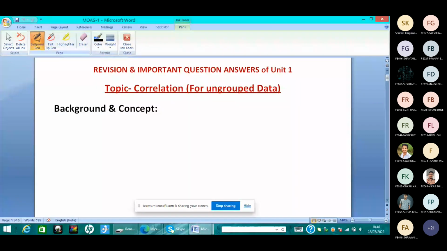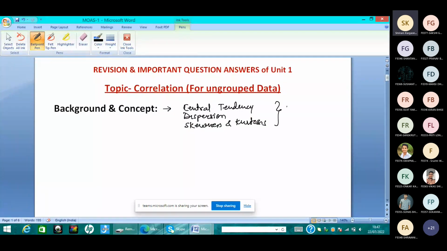You have studied central tendency, dispersion, skewness and kurtosis, right? All these were based on univariate data.